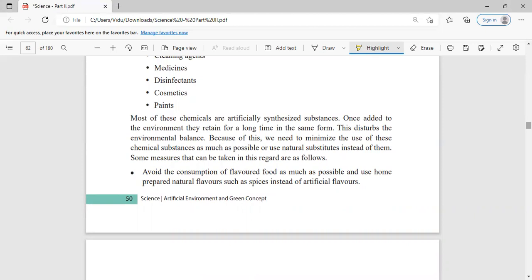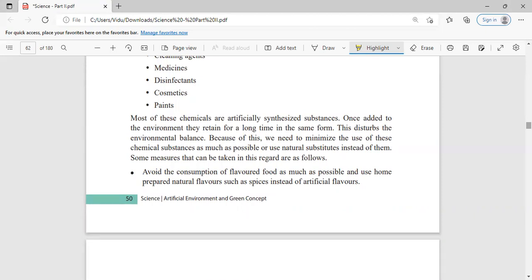Once added to the environment, they remain for a long time in the same form. This disturbs the environmental balance. Because of this, we need to minimize the use of these chemical substances as much as possible, or use natural substances instead of them.